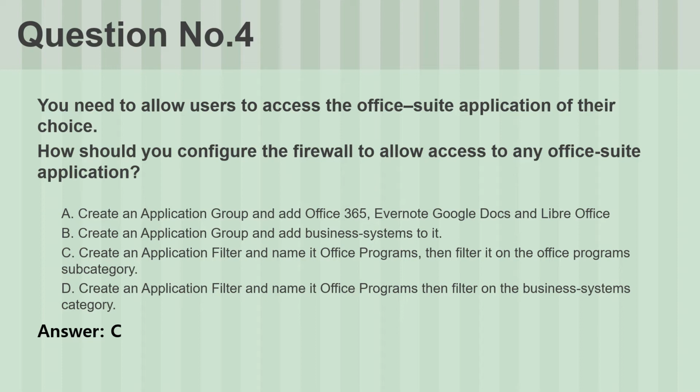B. Create an application group and add business systems to it. C. Create an application filter and name it Office Programs, then filter it on the Office Programs subcategory. D. Create an application filter and name it Office Programs, then filter on the Business Systems category. Answer. C.